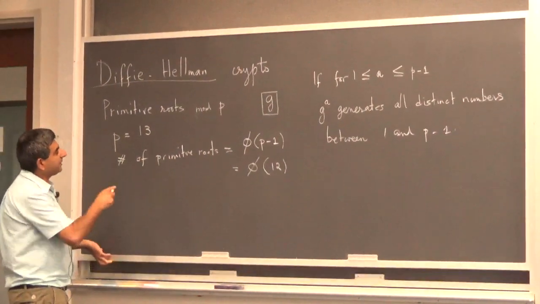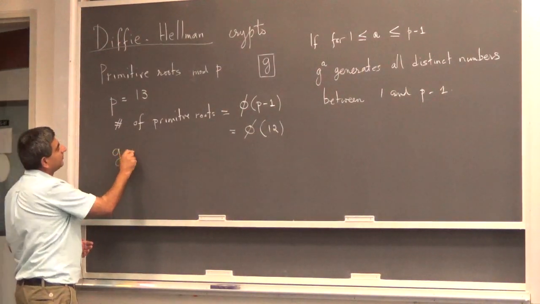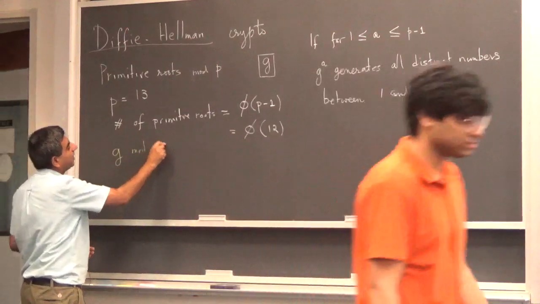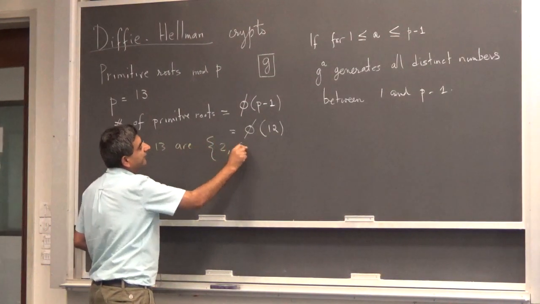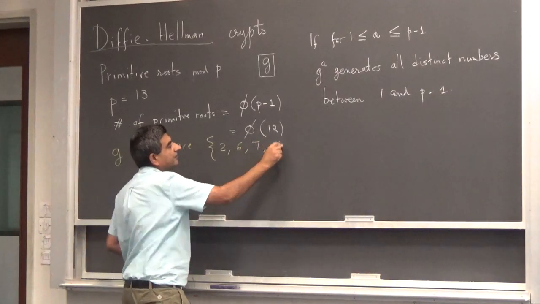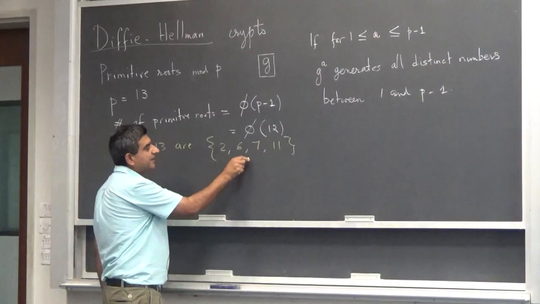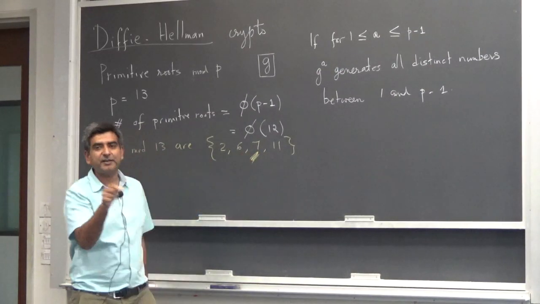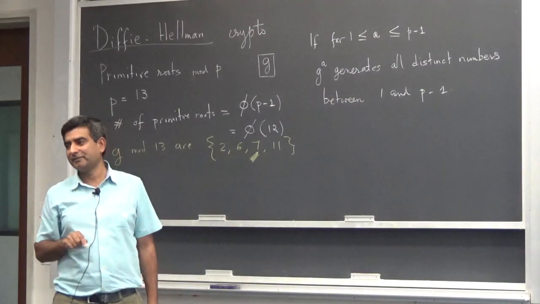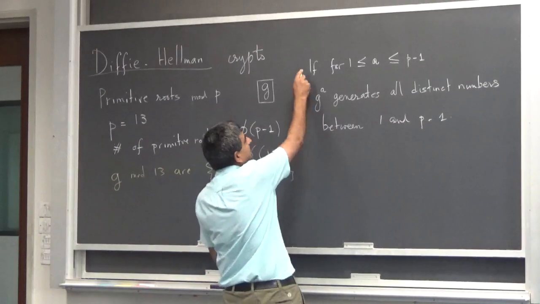So my primitive roots mod 13 are 2, 6, 7 and 11. Let's pick any one of these numbers. Let's pick 7 and see if it is indeed a primitive root mod 13 by dint of our definition that's given over here.